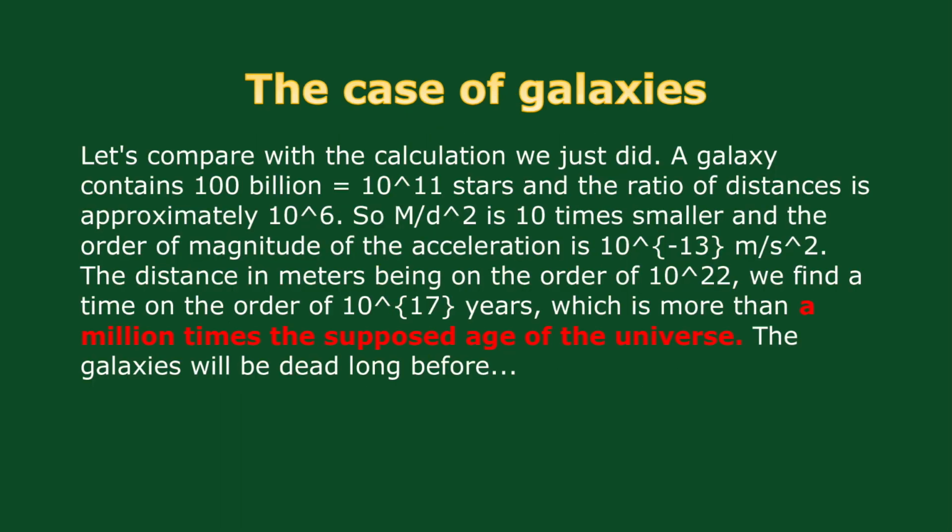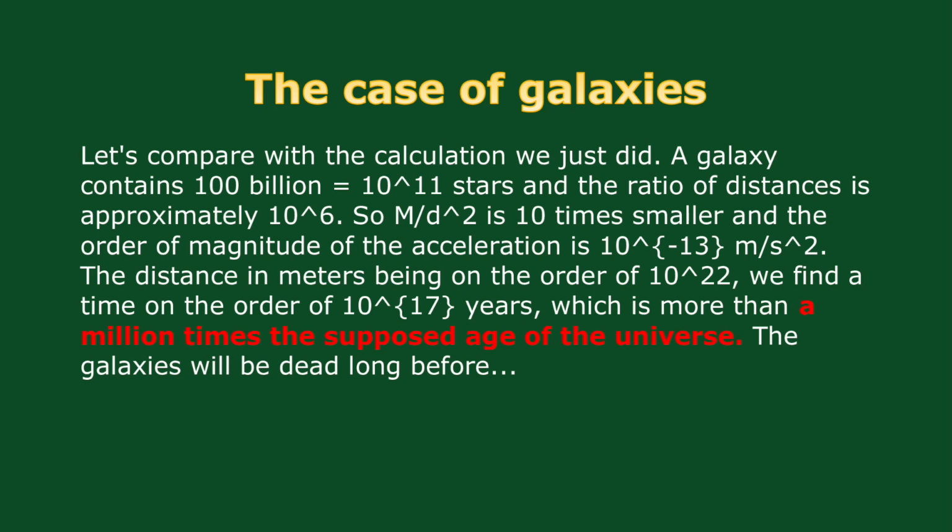Case of galaxies. Let's compare with the calculation we just did. A galaxy contains 100 billion, equal to 10 to the power 11, stars, and the ratio of distances is approximately 10 to the power 6. So capital M divided by d squared is 10 times smaller, and the order of magnitude of the acceleration is 10 to the power minus 13 meters per square second.